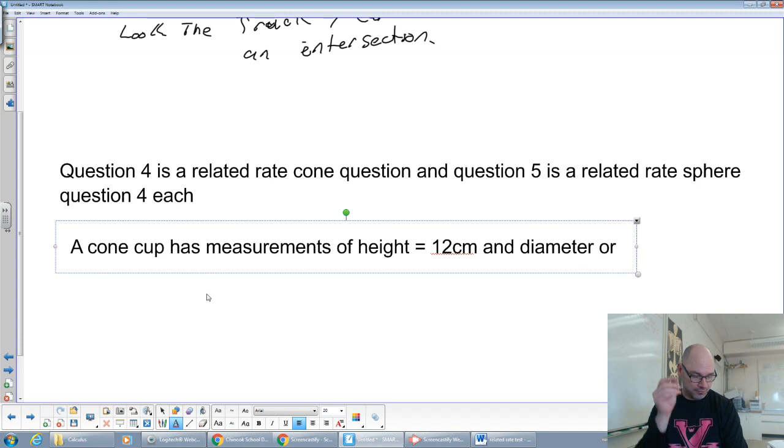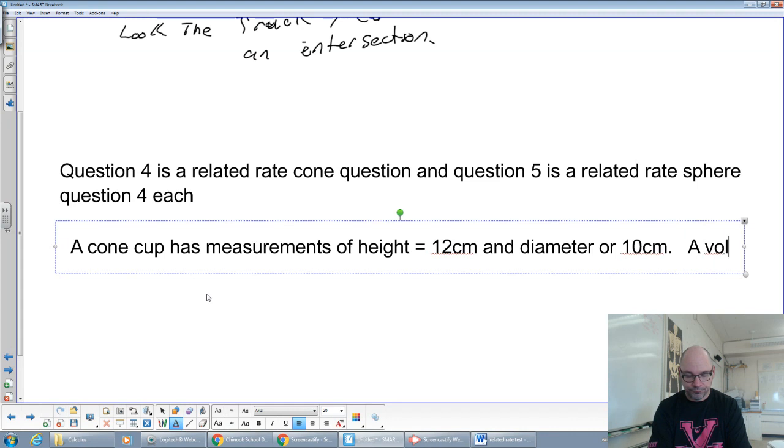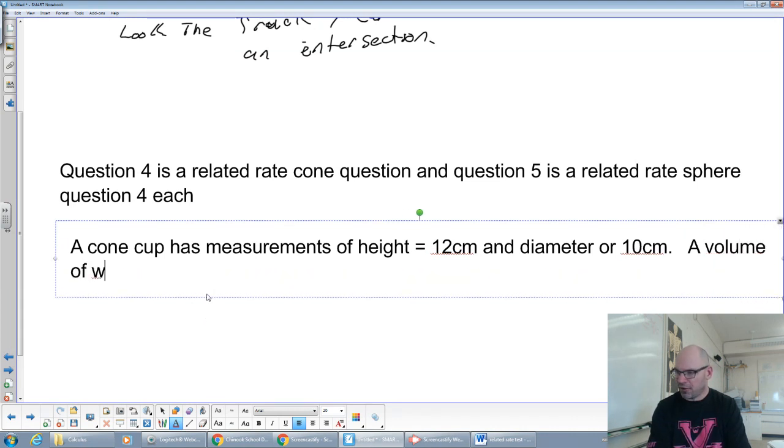Of, let's say, 10 centimeters. A volume of water, we'll say, is flowing in at 16 cubic centimeters a second.